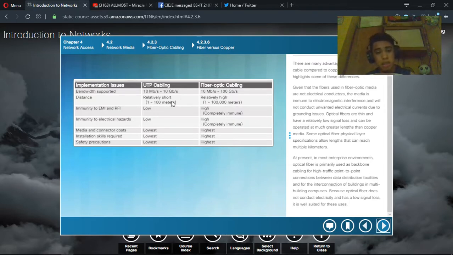And UTP has a very short distance, 1 to 100 meters, but fiber optic is 1 to 100,000 meters. Fiber optic is completely immune to EMI and RFI, unlike UTP cabling. Electrical hazard, completely immune. But the media and connector cost is very high.